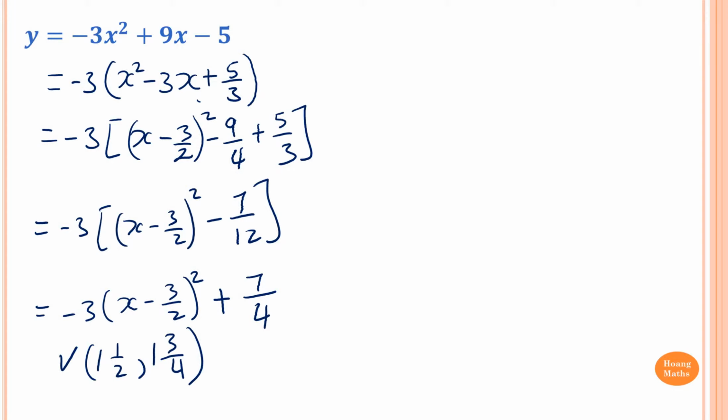Now to find the y-intercept, which is when x is equal to 0. So when x equals 0, this becomes 0, this becomes 0, so the answer is negative 5. So the y-intercept is negative 5.